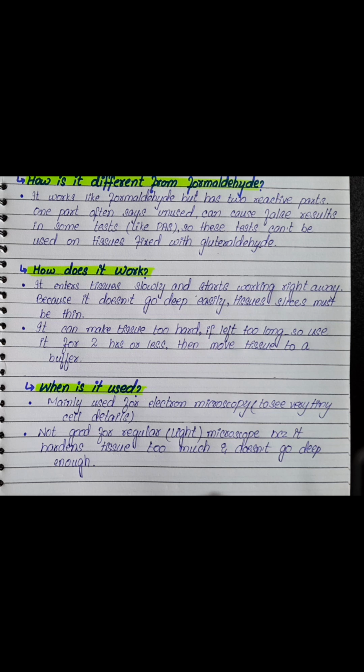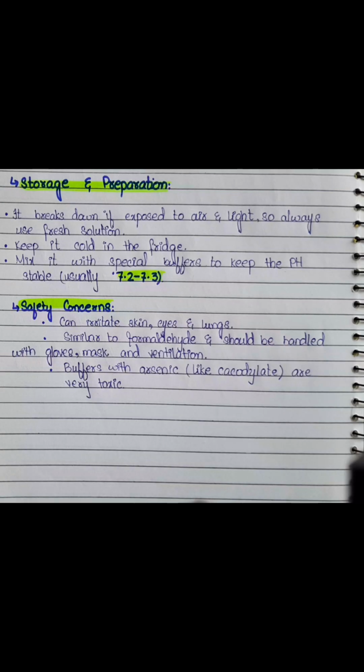Now let's see what the safety measures and precautions are, and how we can store it in our labs. So how can we store it? As we know, it breaks down if exposed to air and light, so always use fresh solutions. Keep it cold in a fridge, and also mix it with special buffers at a pH around 7.2 to 7.4 to make it stable.